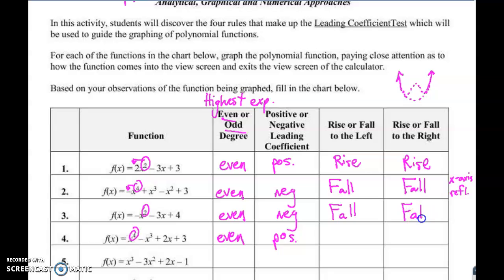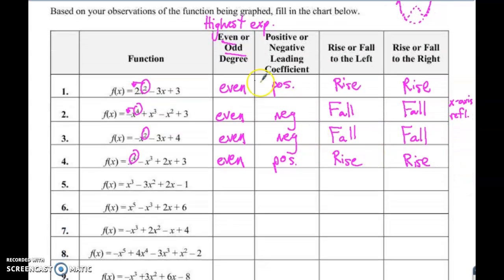Fall, fall, and then this one, rise, and rise. So the premise that you're trying to get out of this is that if you have an even degree polynomial, positive on both ends, it rises, and if it's negative on both ends, it falls. And that x-axis reflection should make sense to you.